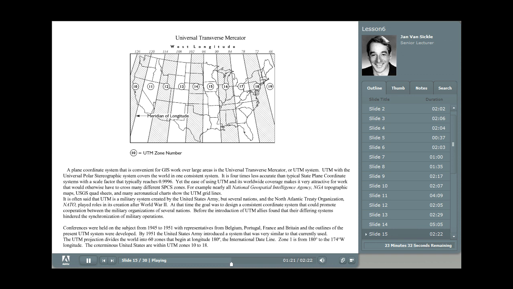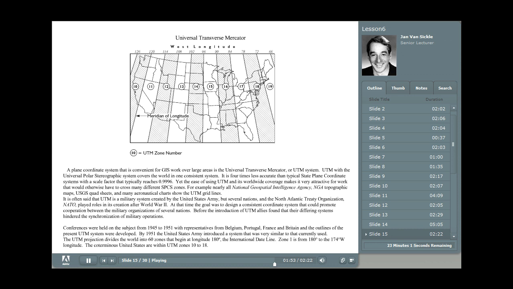Several nations, NATO, and many others were involved in its creation to have a consistent coordinate system that could be used by several military organizations from several nations in conjunction so that they were all on the same system. Obviously, that was useful and continues to be useful, for UTM coordinates can be used across national boundaries without difficulty.